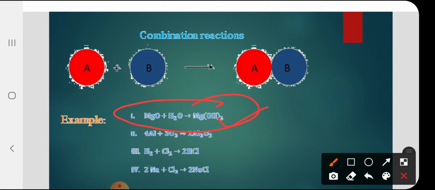It shows the presence of a basic substance, magnesium hydroxide, in the reaction. So this is a very important reaction.